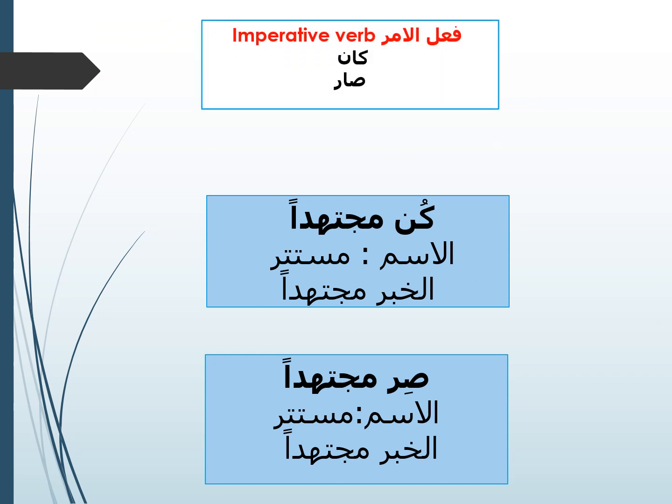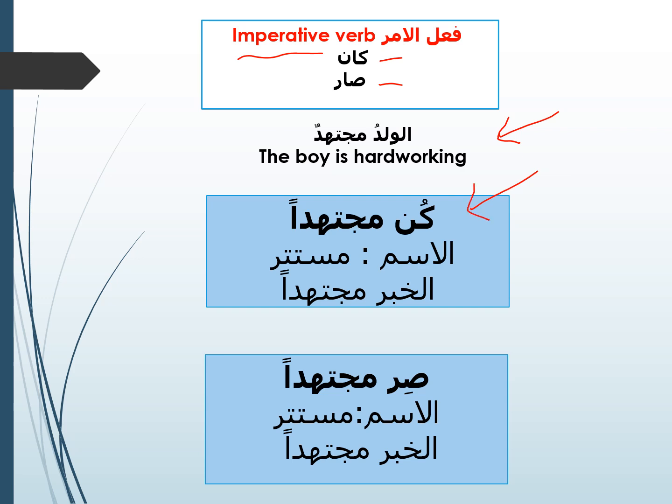Let's do فعل الأمر with Kana and Sarah. Usually for the imperative verb we use only two verbs, Kana and Sarah usually. الولد مجتهد. Imperative verb كن مجتهدا. I'm commanding him to work hard. الاسم here it's مستتر. مستتر means it's hidden. الخبر is مجتهدا. صر مجتهدا.